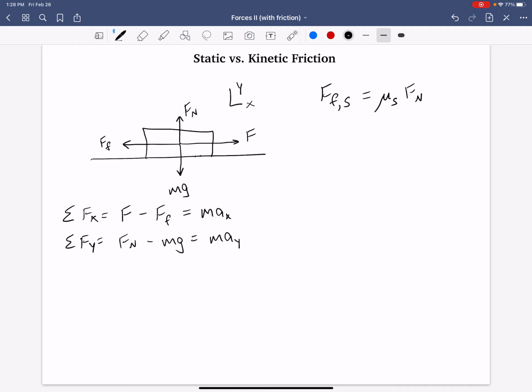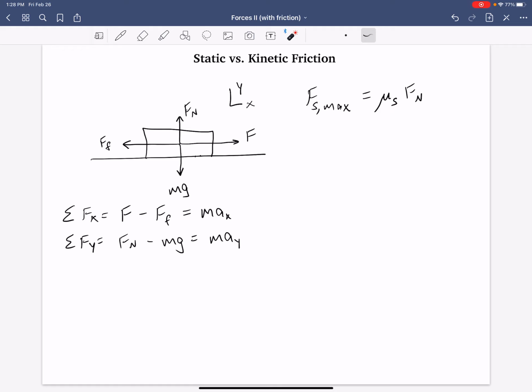So what I should put right here is, let me back it up, F static maximum. This is the static frictional force, but the maximum static frictional force. And that's equal to mu times Fn.